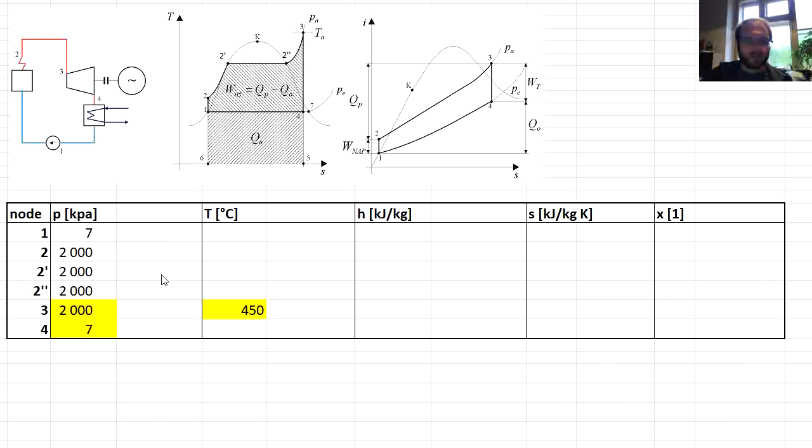So now we can go back to our table and fill in the respective values. The enthalpy at the turbine inlet, if we get the exact values, was 3358 kilojoules per kilogram. And we obtained it as a function of pressure and temperature.